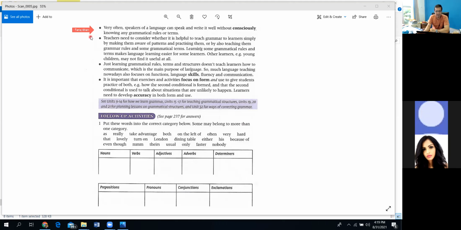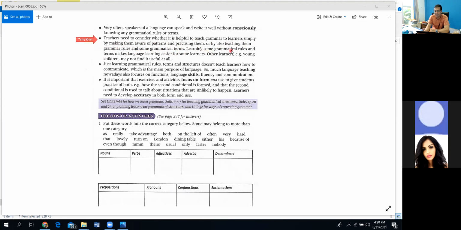Next is an important point which you people need to note down as teachers. When you are teaching, they say here, teachers need to consider whether it's helpful to teach grammar to learners simply by making them aware of patterns and practicing them, or by also teaching them grammar rules and some grammatical terms.